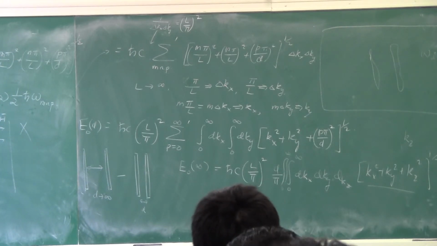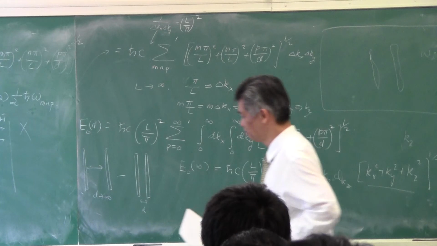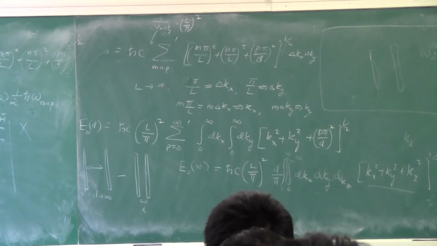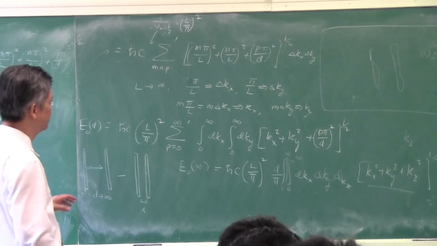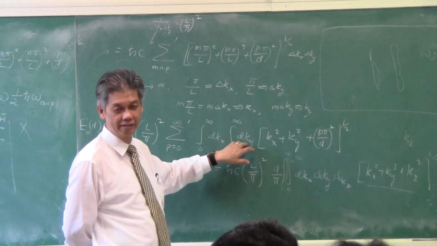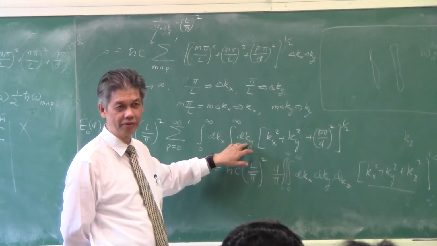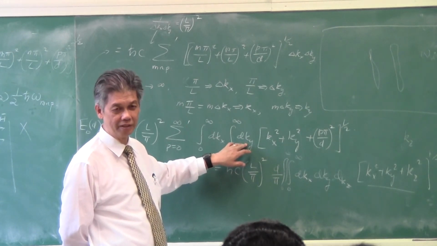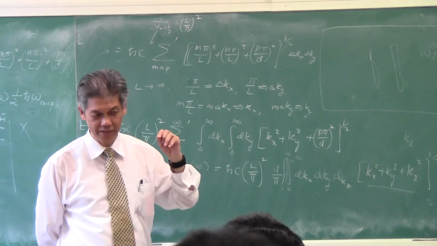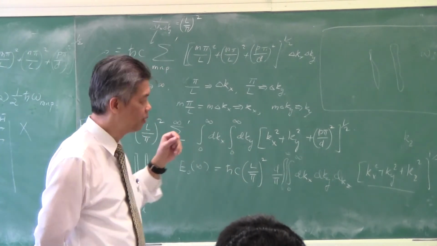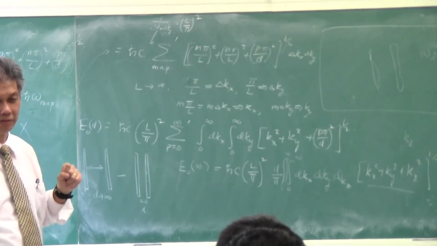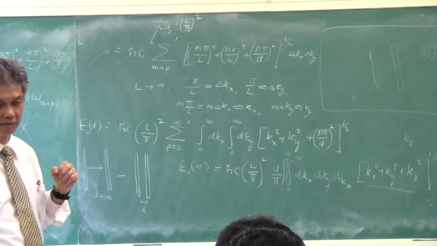I think that we should never take these summations to infinity. Because when you take summations to infinity, it means that wavelengths can become infinitely small and wave numbers can become infinitely large. That means you can deal with modes whose wavelengths are extremely short. I don't think nature allows that.